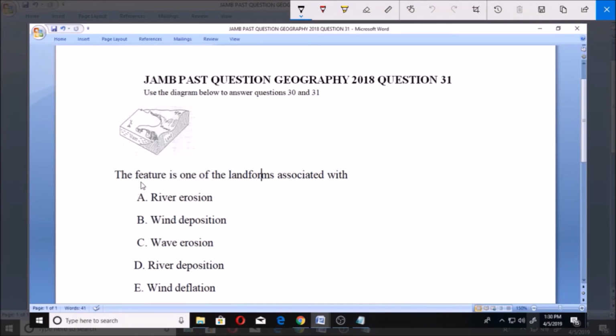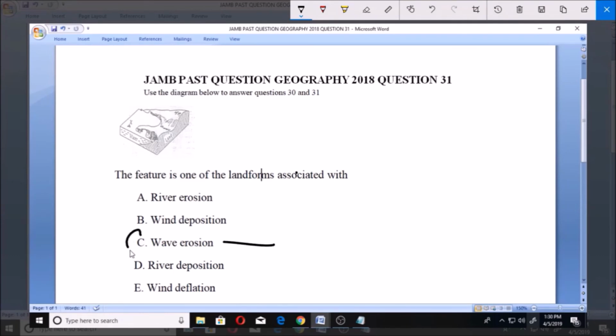Now it's asking us, the feature of this landform is associated with A. river erosion, B. wind deposition, C. wave erosion, D. river deposition, E. wind deflection. Now the answer is simply from the definition of stack that we gave in question 30. We say that a stack is formed by wave erosion.